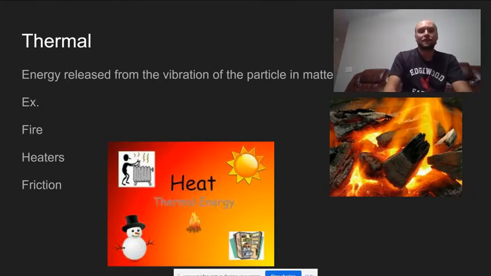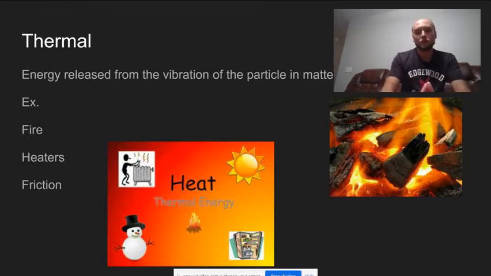Our next big type is called thermal energy. Most of you should have a pretty good understanding of what thermal is because you may have heard of a thermos or a thermometer. Basically, it's energy that is released from the vibration of the particles in matter.